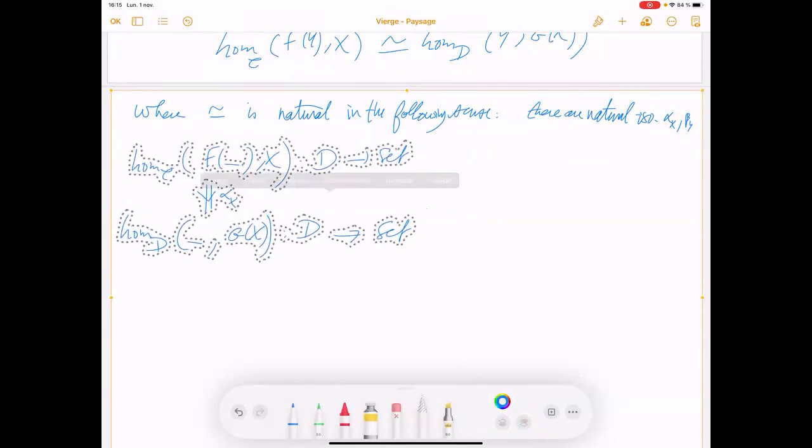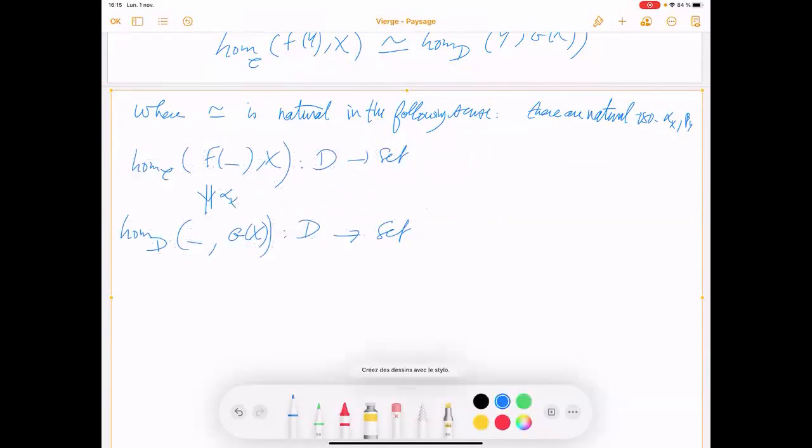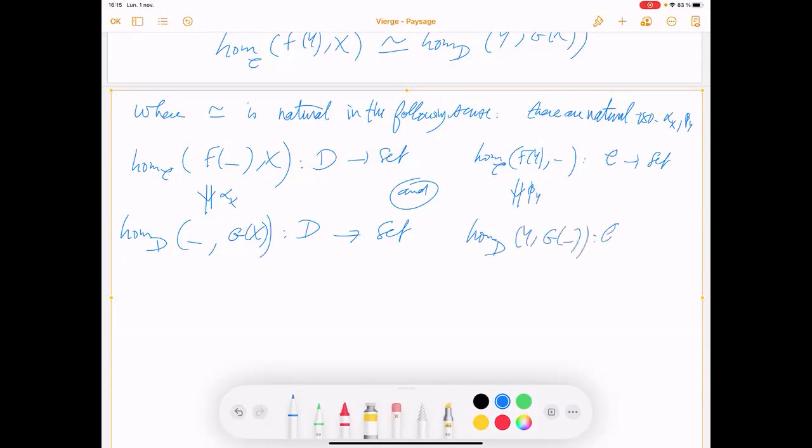Like that, and you have the same for Hom_C of F y, something, from C to Set, and you have beta y, Hom_D of 1, G of something from C to Set.